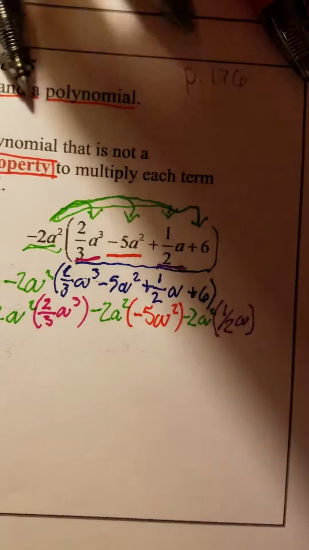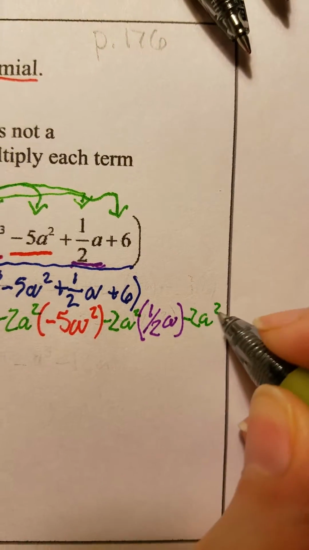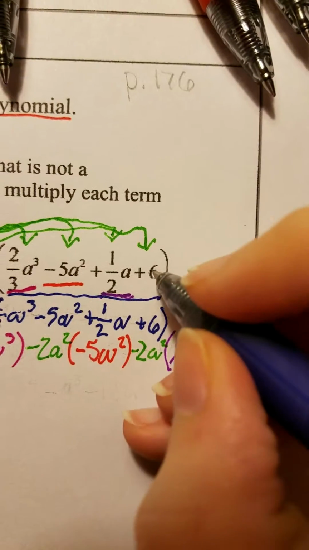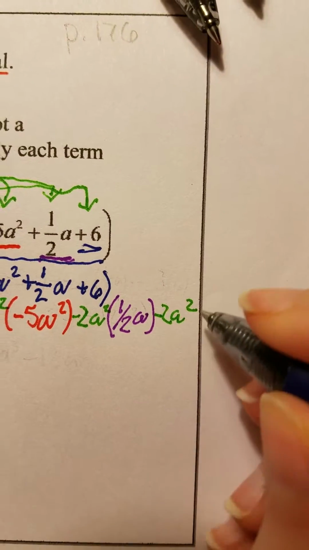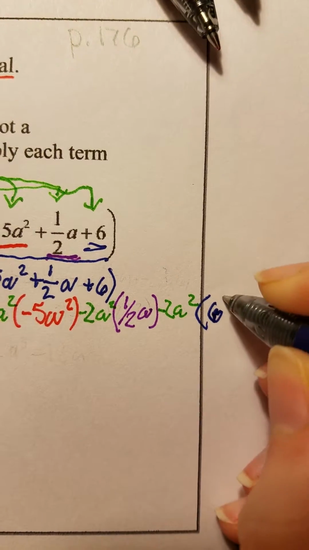And then, once again, negative 2a squared, and I'm going to multiply it by this 6 right in here.